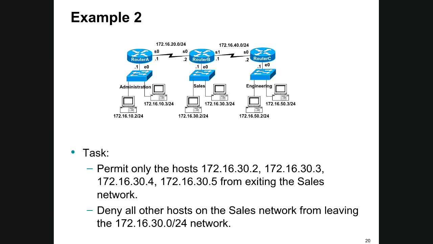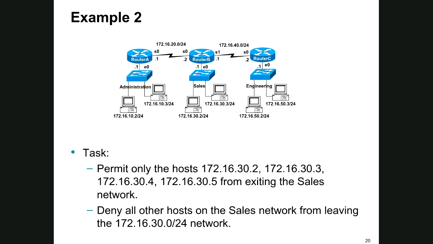Okay, now let's have another example. The manager of the sales department has decided that he and 3 of his trusted lieutenants are going to be able to leave the sales department.